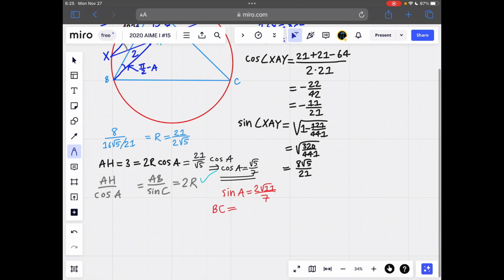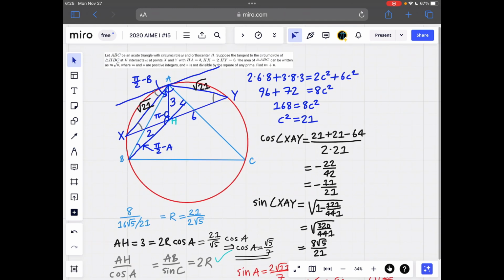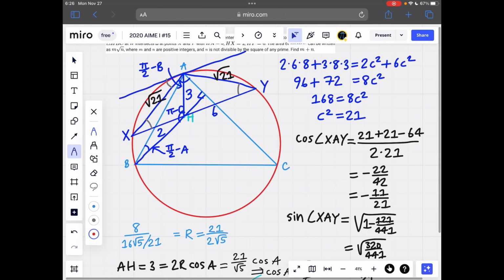And BC is 2R sine A. 2R is 21 over root 5. And sine A is 2 root 11 over 7. And this gives us 21 over 7 is equal to 3. So it's just 6 root 11 over 5. So we found BC.